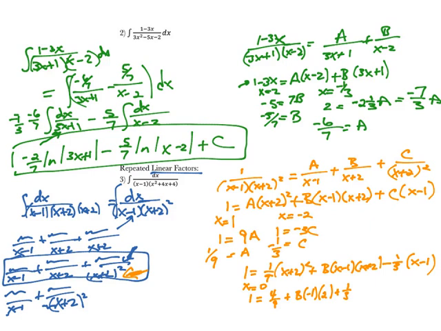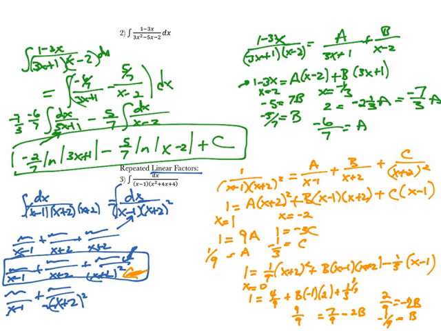So what I end up here with is, let's see, this is really 3/9, so that'd be 7/9 minus 2B equals 9/9, because that's 1. So really 2/9 is negative 2B, so B would be negative 1/9.